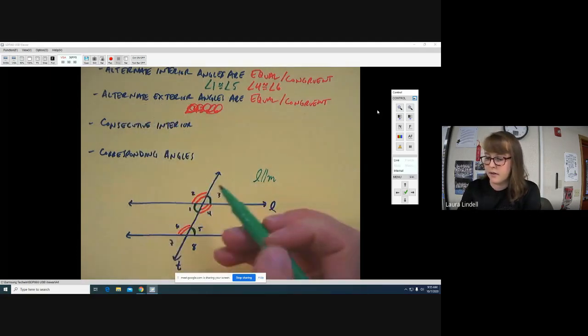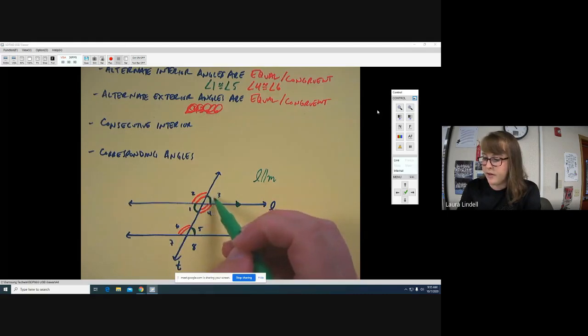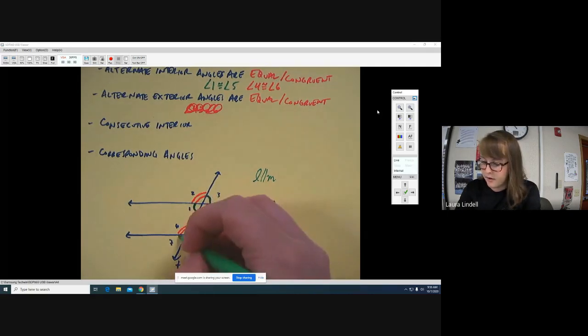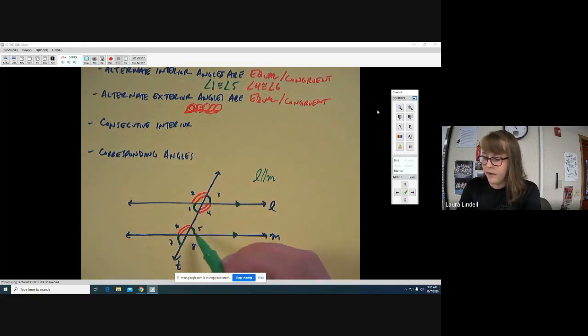Angle 3 is alternate exterior with angle 7. And alternate exterior angles are equal. And also you can look at it as well, 5 and 7 are vertical angles as well. So those should be congruent, those should be equal. And that's also the case, alternate exterior angles.